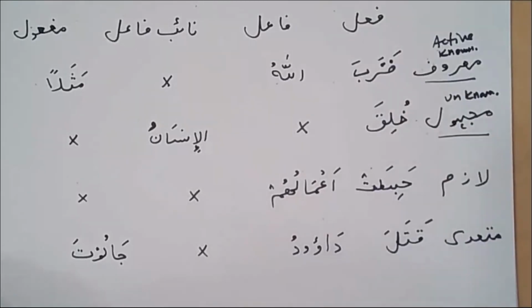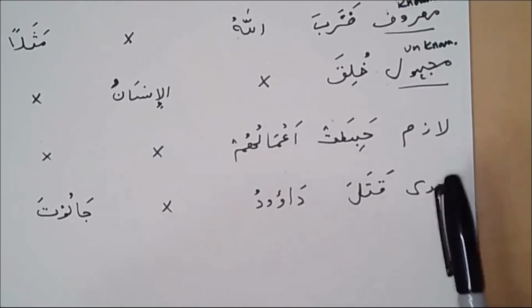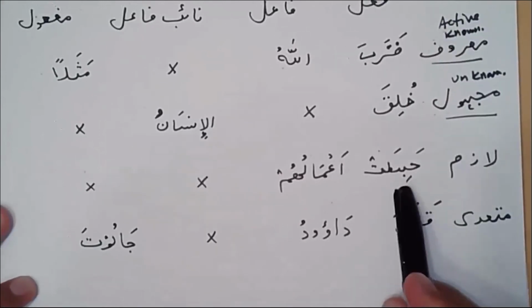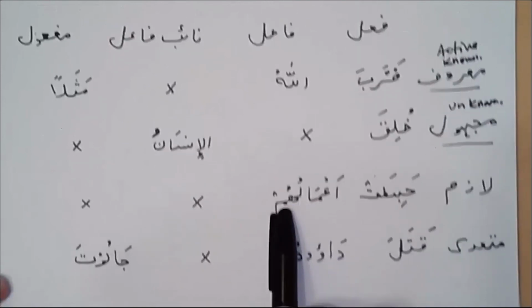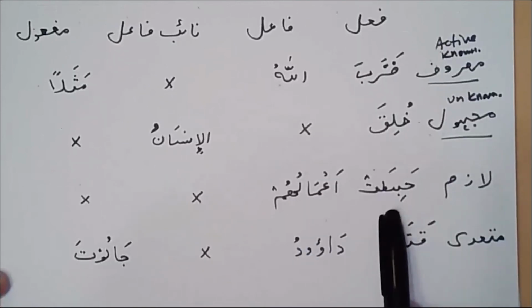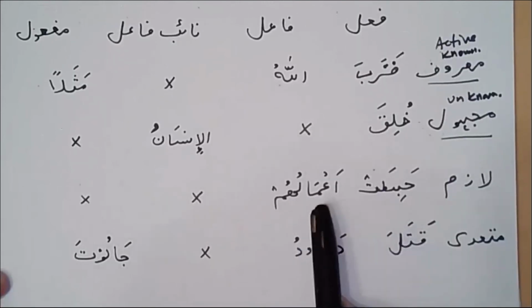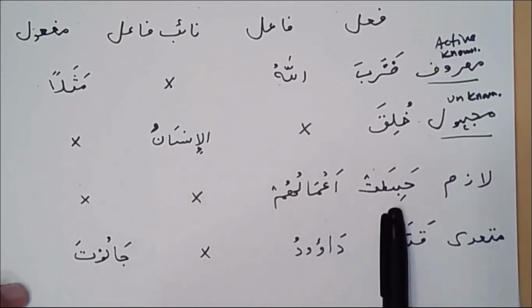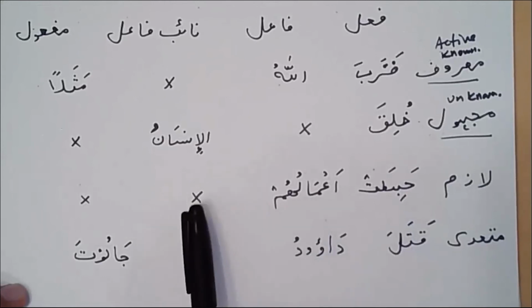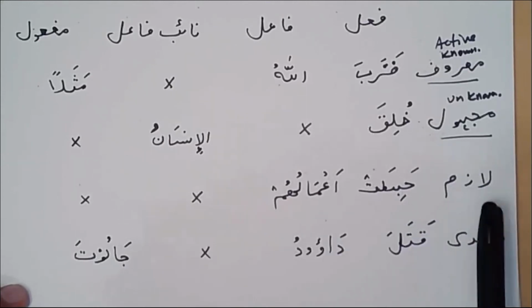Okay. Now again, what is the example of lazim I said? Habitat amaluhum. In this case, what is the fail? Habitat, their amal. In this case, we only know the fail and the file. We don't know the maf'ul. Then do we need a naib fail? No. And what kind of fail is this?